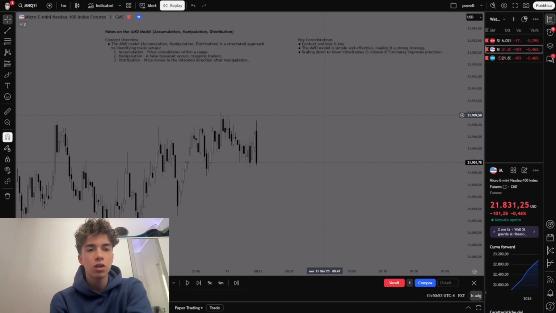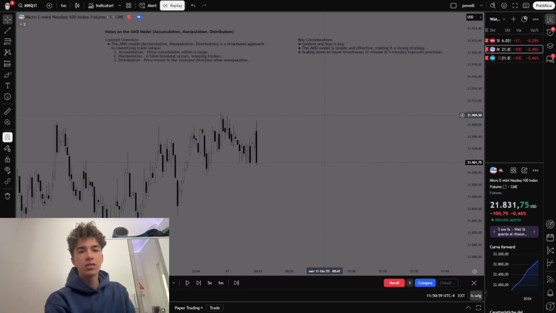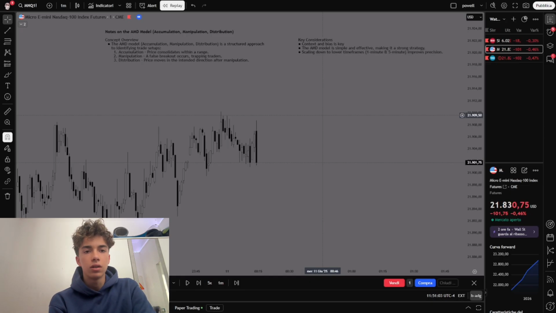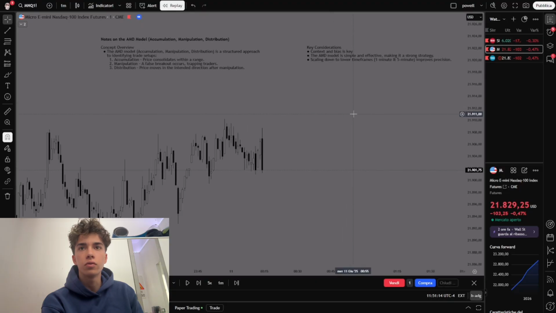The manipulation, where we sweep either the lows or the highs of the accumulation. And the distribution is when, after sweeping either the high or the low, we distribute on the other side, so we reverse basically. Here I have a pretty good example of an AMD.